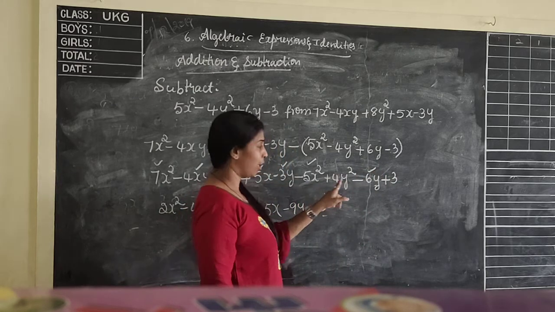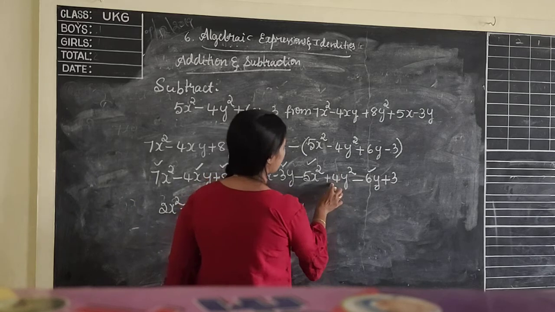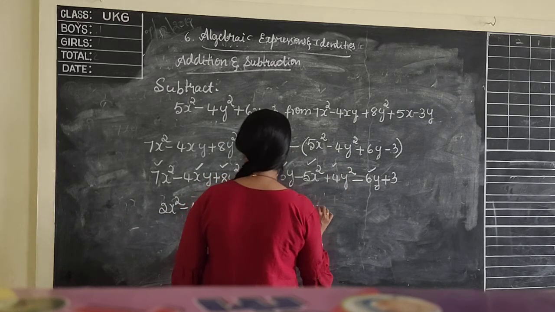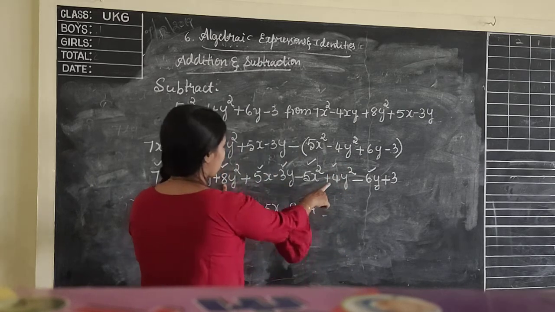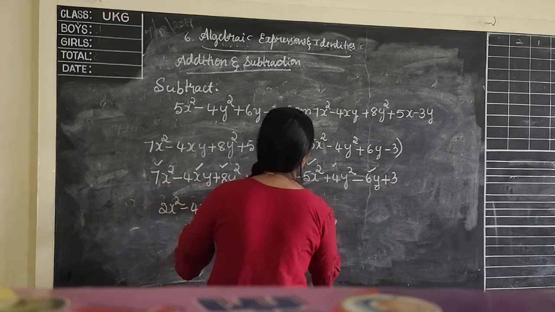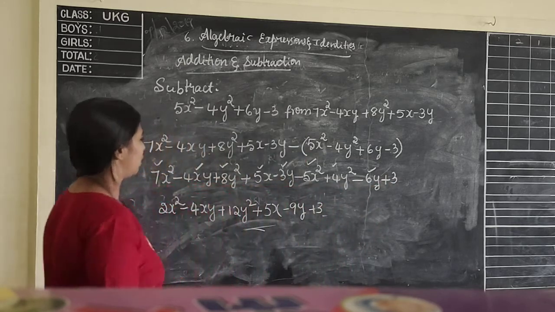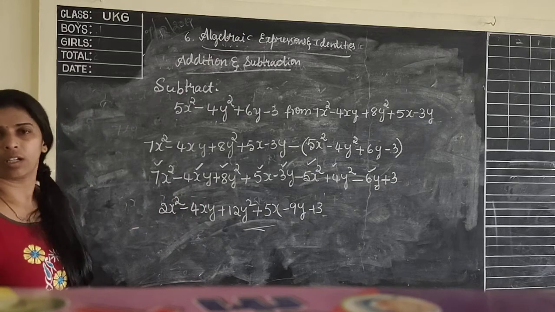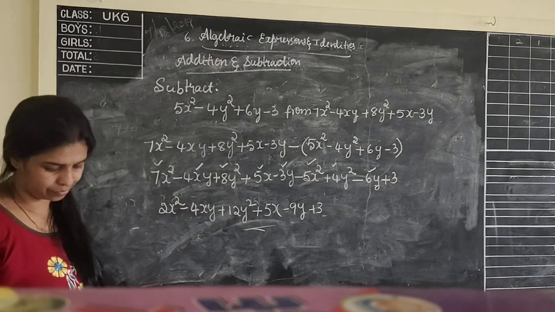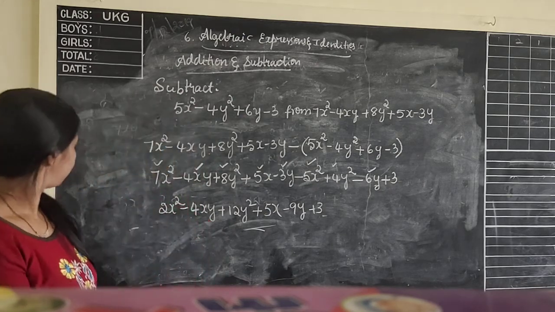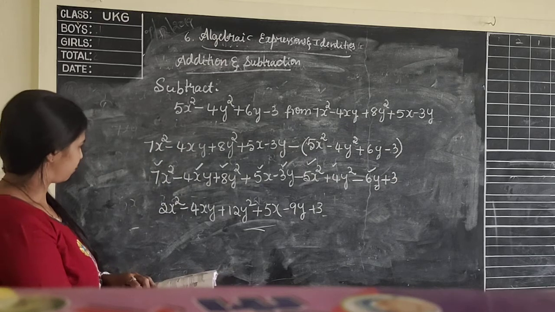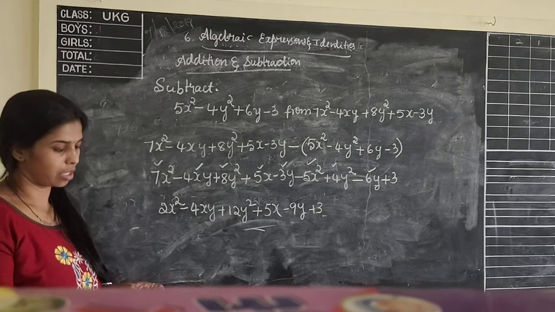Both are minus, add and take the bigger number. It's over. This is remaining. Plus 4, y square is over. Yeah, y square is finished. Plus 3 is remaining. Correct, no? Okay. This is the whole thing.